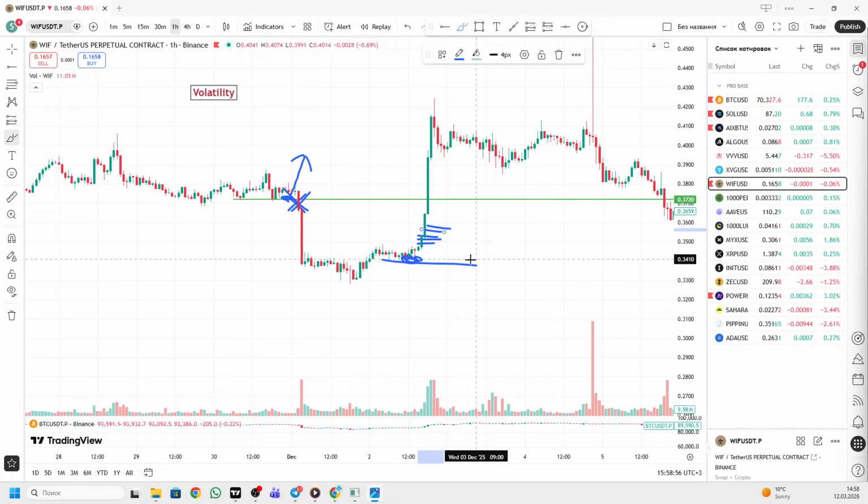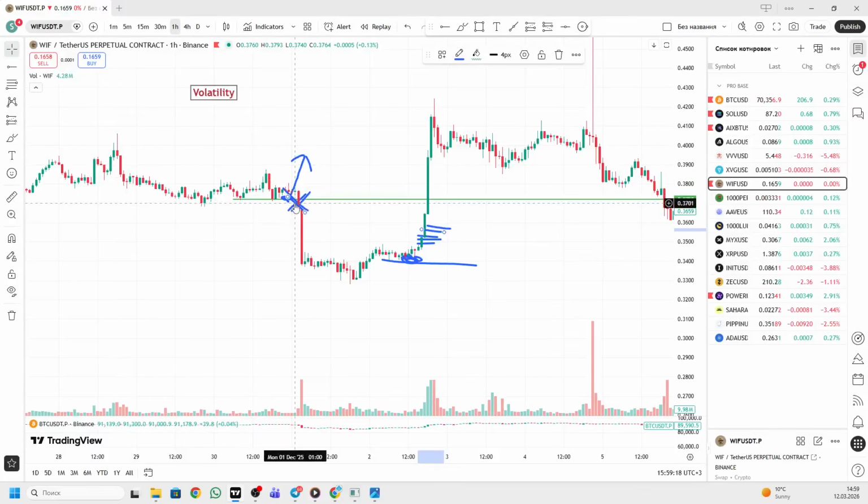Okay, that's great. Now, let's look at one more important point. We can measure volatility not only with a single candle, like here we did, but also over a certain period of time. For example, we take 10 candles.